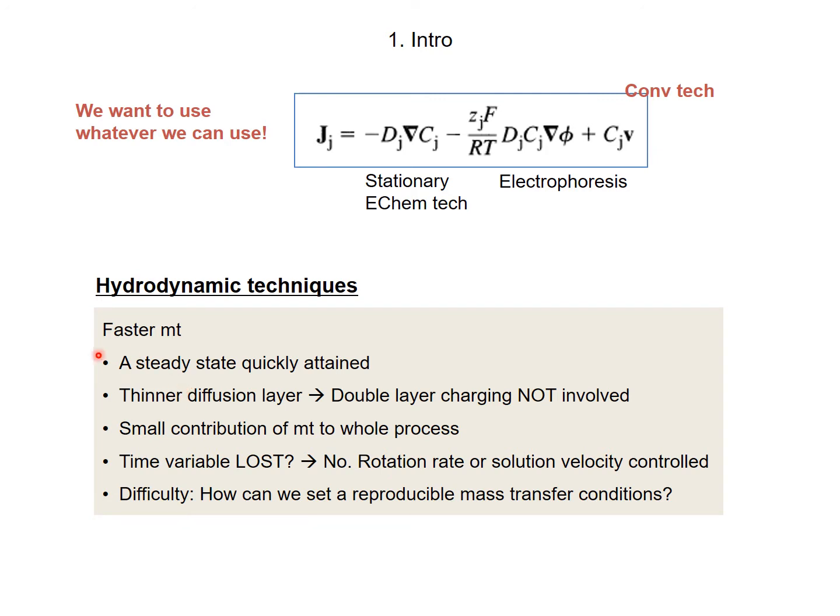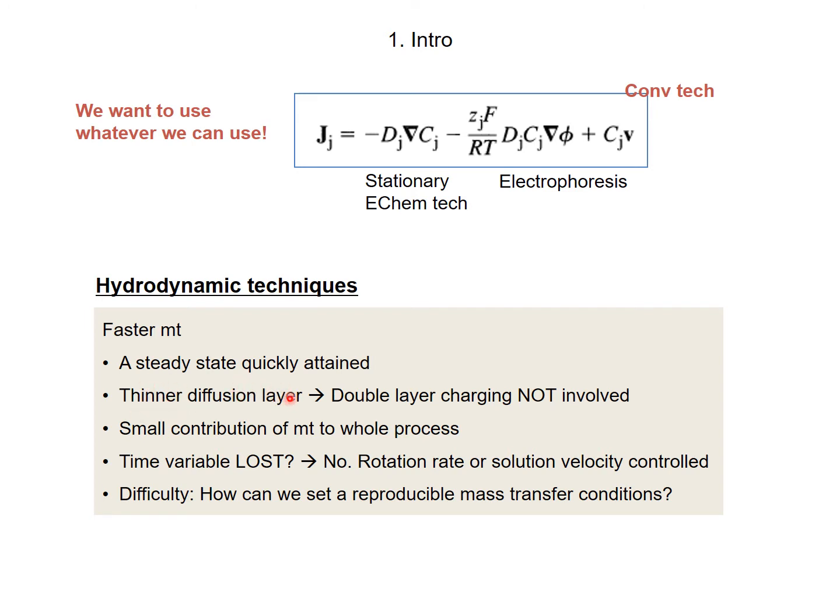The first one is that a steady state is quickly obtained because we are rotating the electrode and based on faster mass transfer. The second benefit is that we would obtain a thinner diffusion layer.